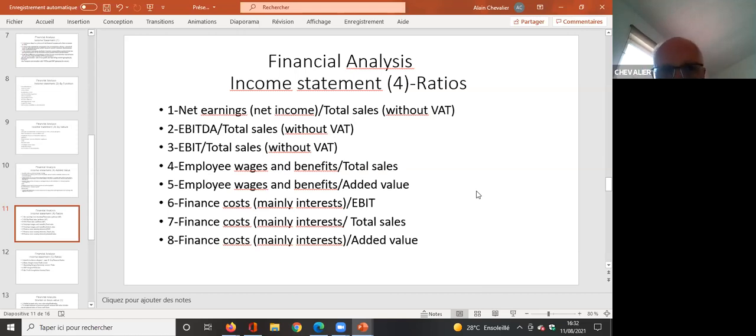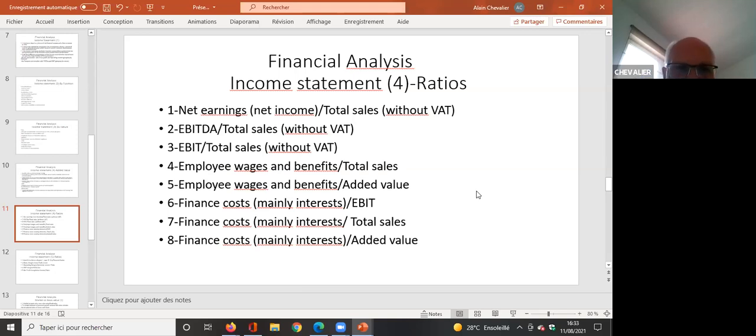Okay, and if you have a look at net earnings to total sales, even if this ratio for the group is very high compared to many other industries, the activities are very different. The net earnings to total sales for the group as a whole is about 18%, which is very high compared to many other activities.